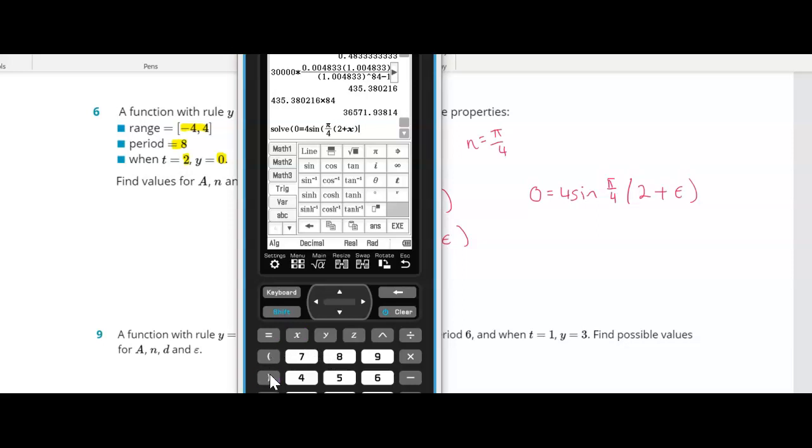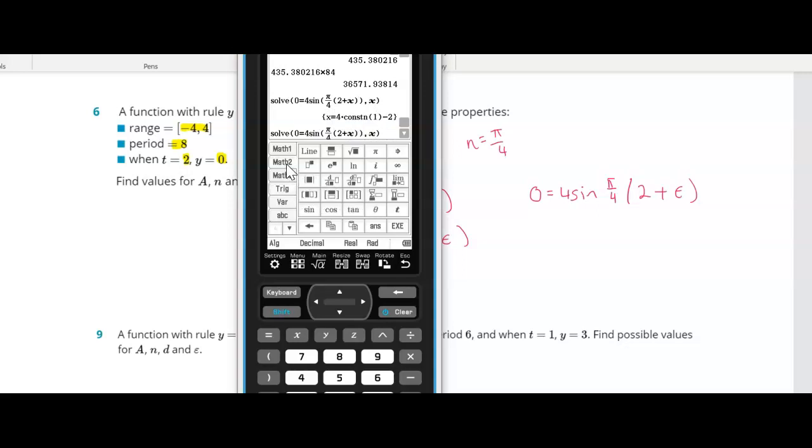And comma x. Now, let's see what we get, I might have a general solution. All right, so in that previous one, I forgot a bracket. So I put that bracket in, and what I got here is the general solution. So I'm just going to change that to restrict the domain. So let's just go from 0.